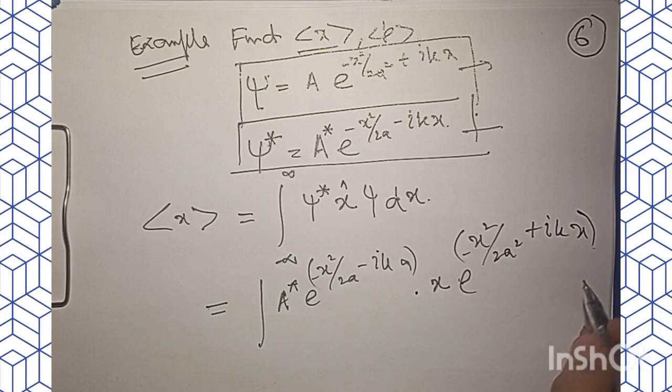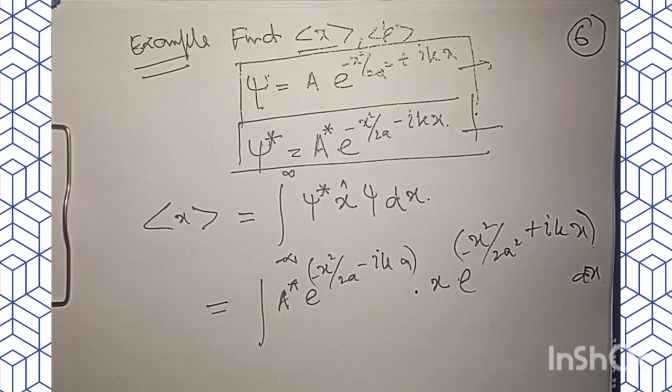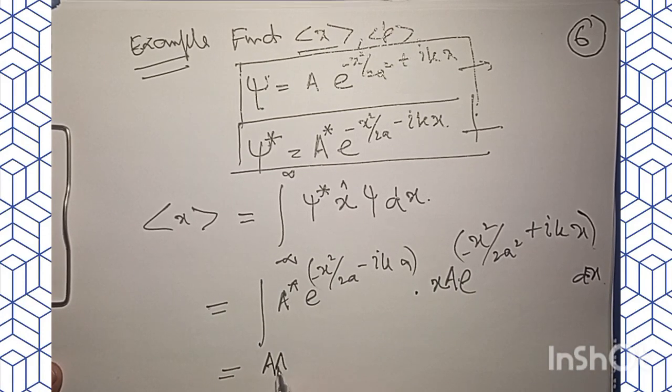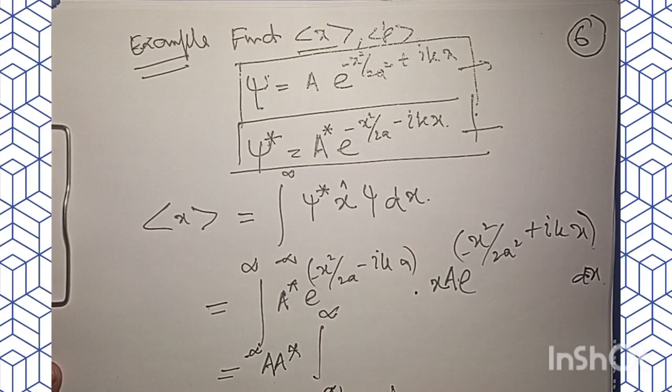We close it down like this. So then dx. Now for multiplying the two things, a star will be outside, and inside I'll be left with the integral from minus infinity to plus infinity.